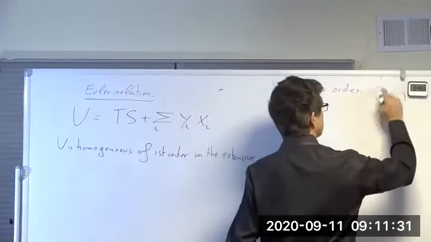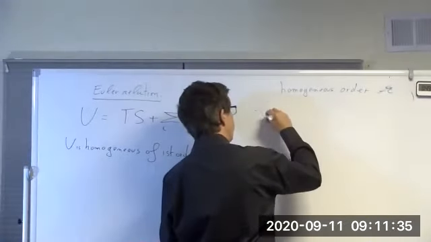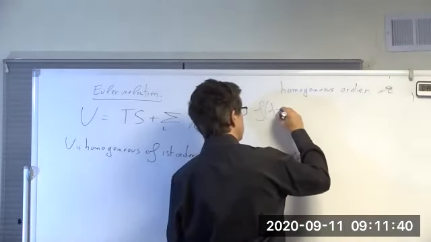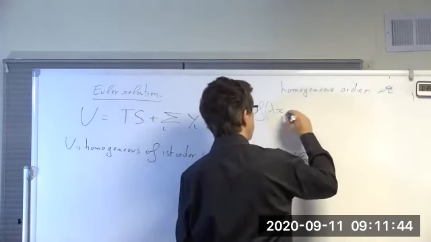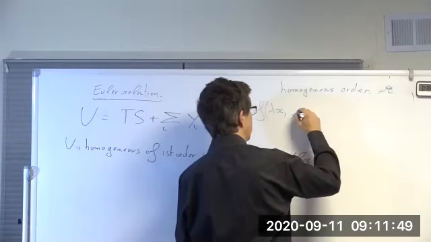I think I use R in the notes, so let me use R again. If you have a function and you multiply the variables all with some constant, so the function of x1, x2, I multiply every variable by lambda.